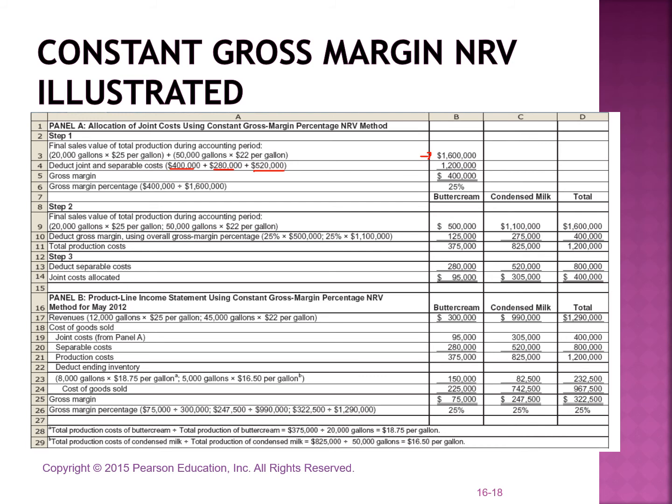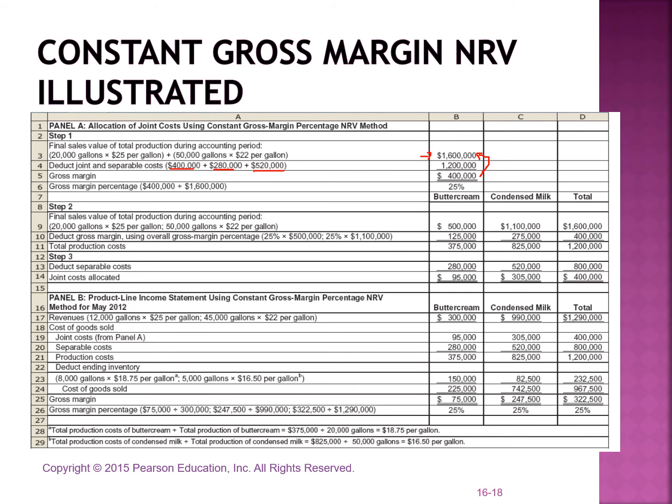The gross margin is 400. Then I will divide the 400 over the 1,600,000, so the gross margin is 25%, and this is the gross margin that we are going to use in allocating the joint cost. Go back to our 2 final products, buttercream and condensed milk. I will start again by doing the final sales value of total production.